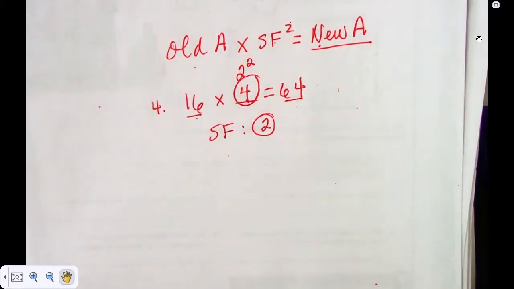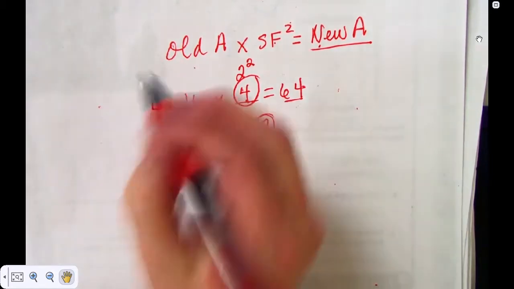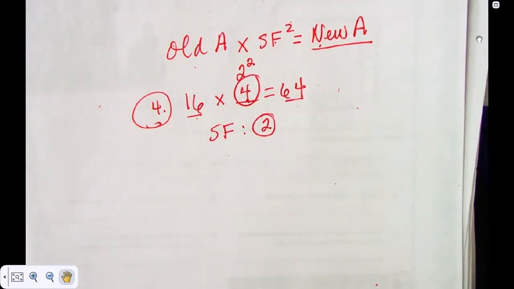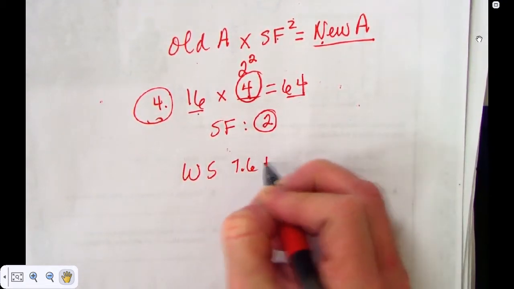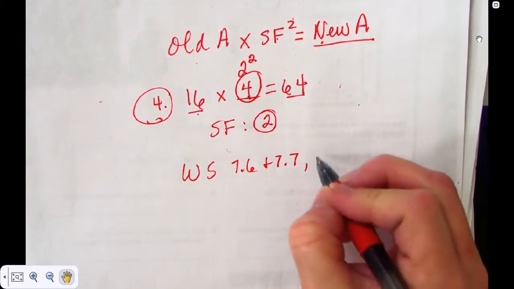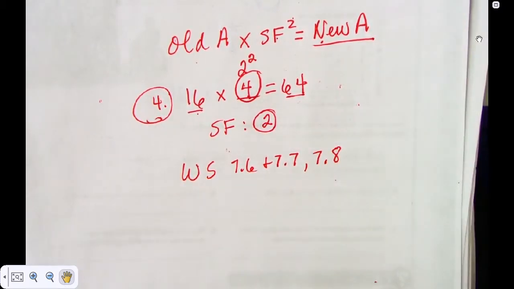This is number 4 on the back. Okay, you need to finish the 7.6 and 7.7, the 7.8. You need to work on the front and the back.